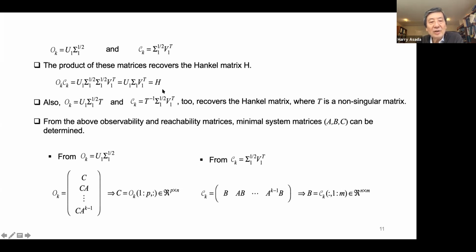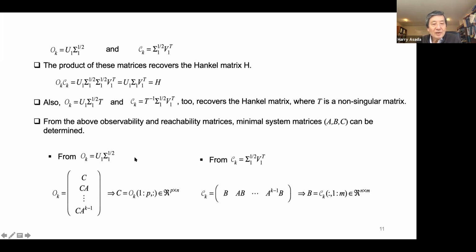So you can recover H. You can recover O_K C_K in the same way. What this means is that we're not determining O_K and C_K uniquely, but only to the extent of a non-singular transformation involved here. But it's almost a unique representation.